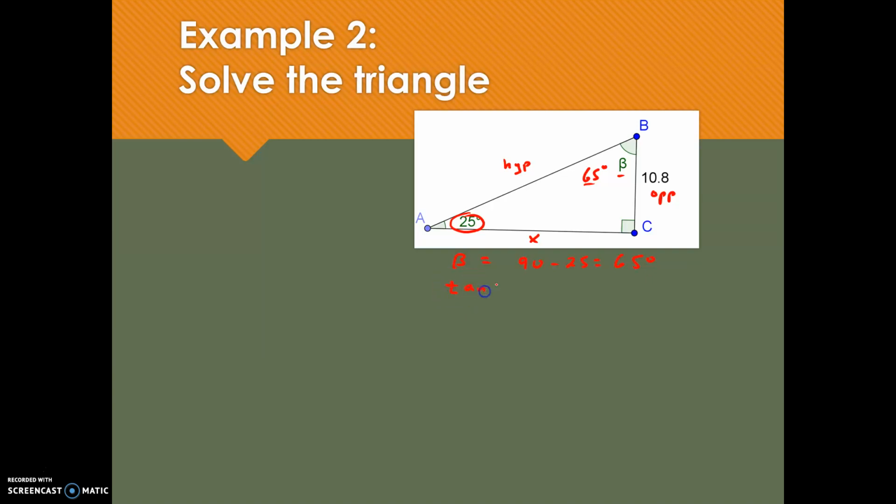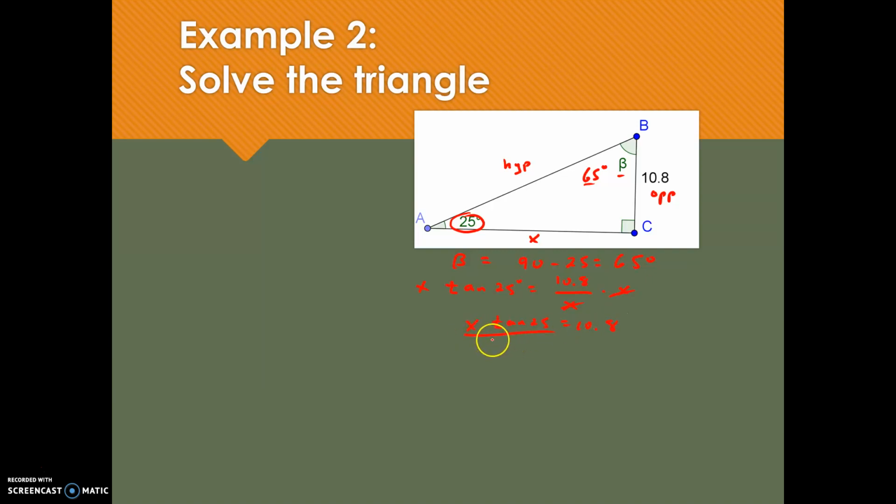So we have tangent 25 degrees equals the opposite side, 10.8, over the adjacent side, that's x. Again, we have to solve that. We can multiply both sides by x. Those cancel. We have x tangent 25 equals 10.8.